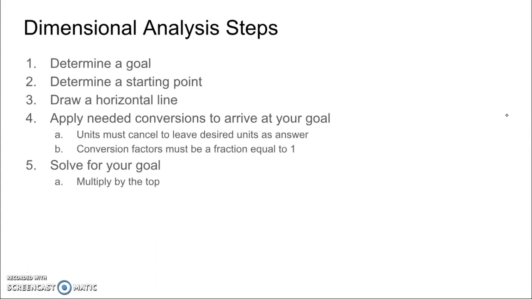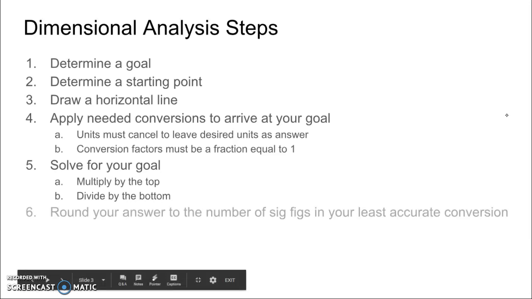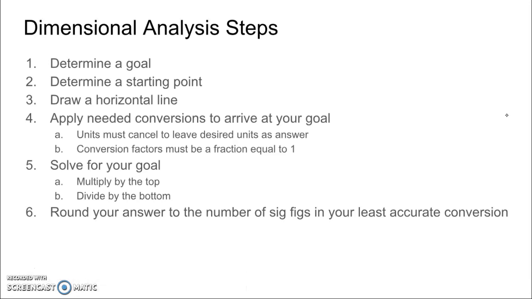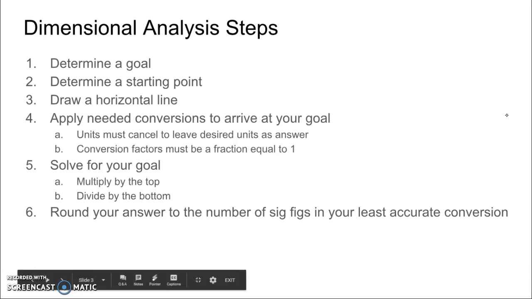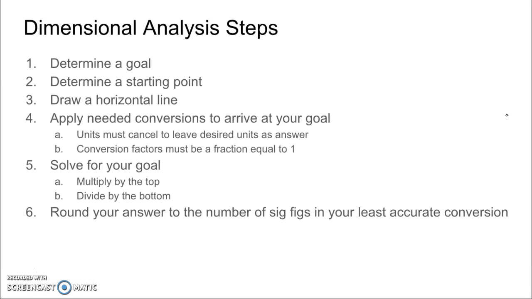Any number that's on top, so the numerator essentially, you multiply, and any number that is underneath the line of the fraction, you divide by. And with that, the last step, now that you've done the math, you need to make sure your answer is rounded accurately. So you find which thing has the smallest amount of sig figs in it, and that's going to tell you how accurate your answer can be.